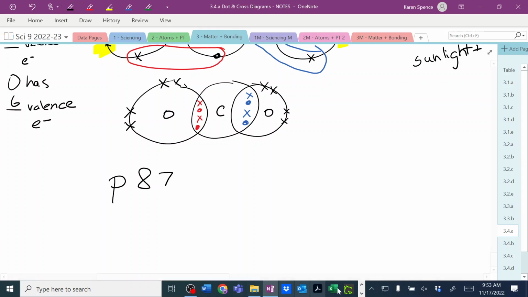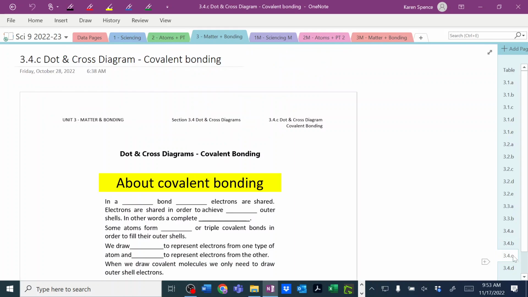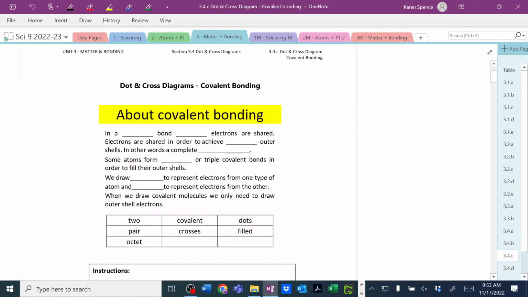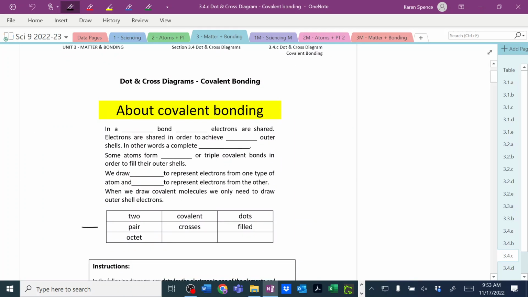On page 87, we have some fill in the blanks. This down here is our word bank. I didn't label it very well, did I? That's our word bank, and you're going to use it to fill in the blanks.